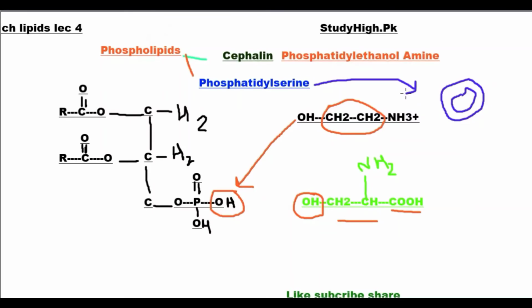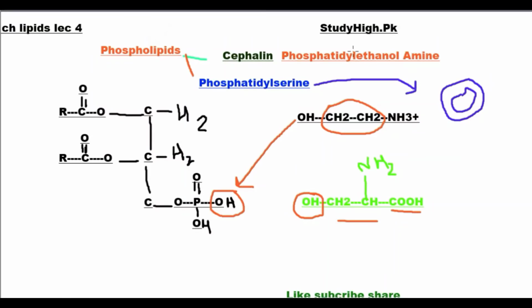If a body is facing starvation or some other condition, or if some cells are abnormal and not needed by the body, apoptosis, programmed cell death, occurs. And phosphatidylserine is also helpful in causing apoptosis.